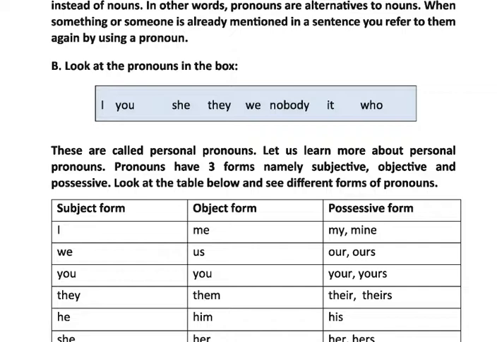Personal pronouns normally have three forms: subjective, objective, and possessive. Look at the table below and see the different forms of pronouns.